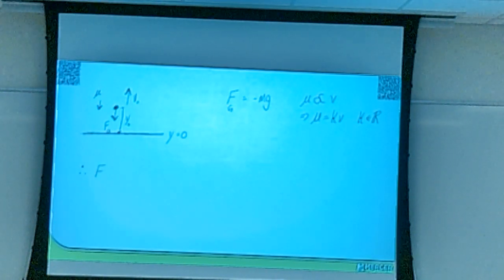Total force. Sum of forces. Negative mg minus kv.